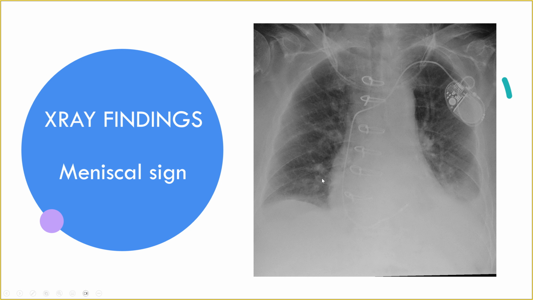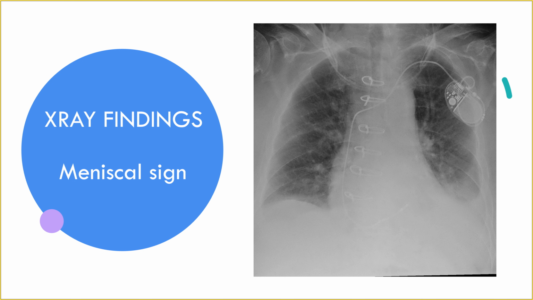So in this X-ray we are seeing that there is a cardiac pacemaker, then there are some cabbage wires that we can see, and then there is a small pleural effusion that we can see on the X-ray, and it appears as a small line near the costodiaphragmatic surface, and this is called the meniscal sign, which is characteristic of pleural effusion.